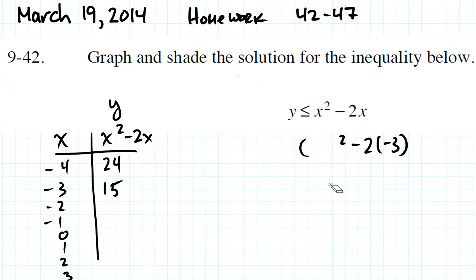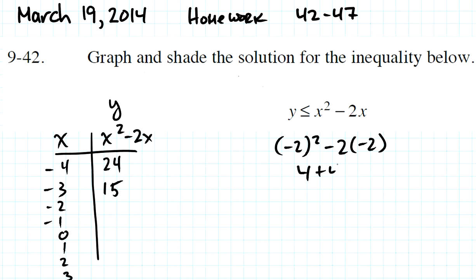If x is -2, I'm looking at -2 squared, and then we're going to have -2 times a -2. So I'm looking at +4, and then another plus 4. So now I'm at the number 8.